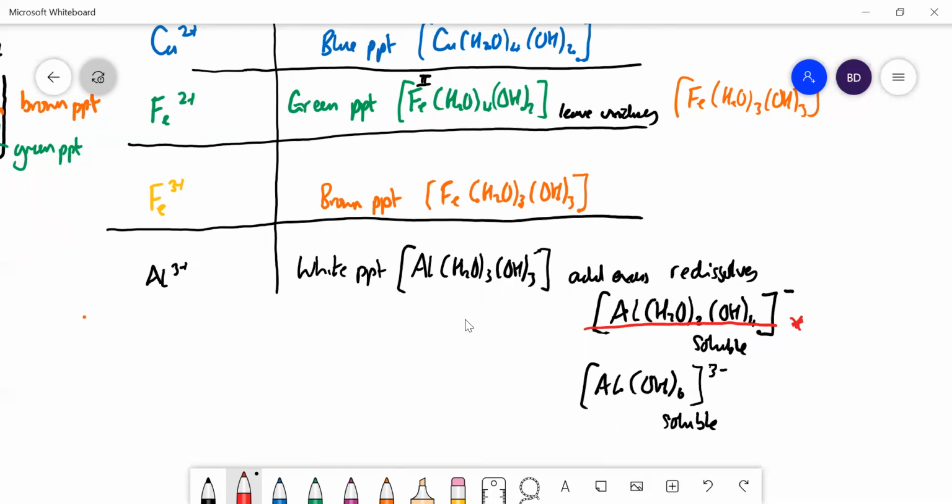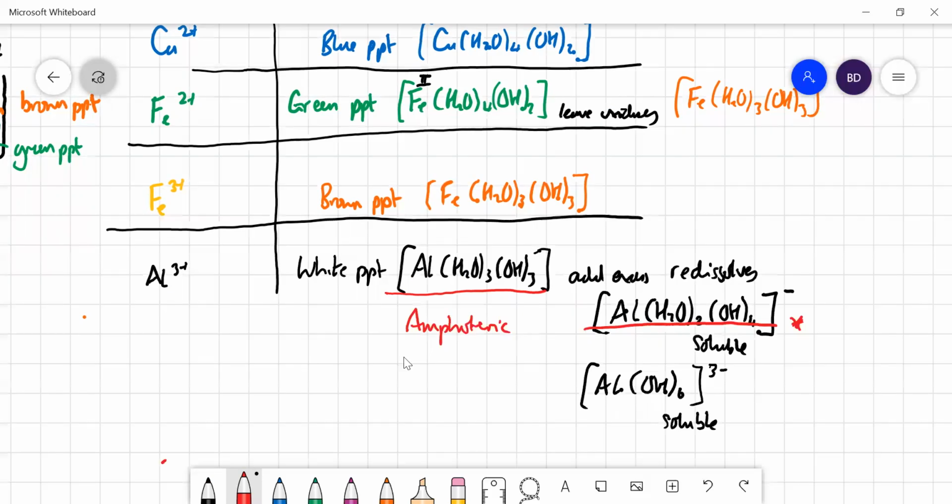Right, so let's just have a little think about this species here. This species is said to be amphoteric. Now, amphoteric means, you probably know already, that it can react with acids and it can react with alkalis as well. And let's just see why that can happen.